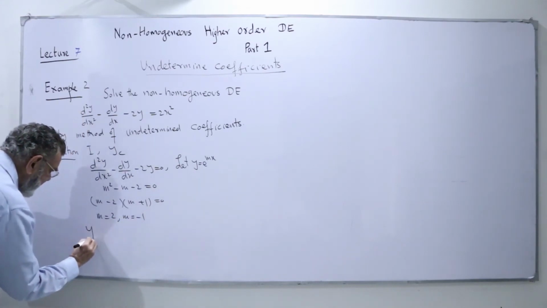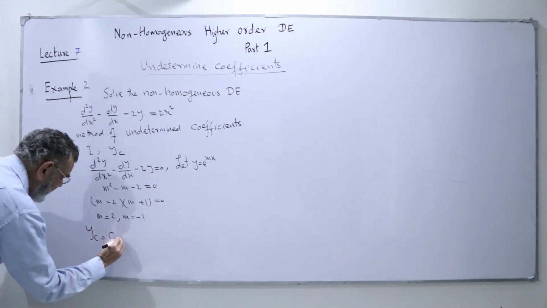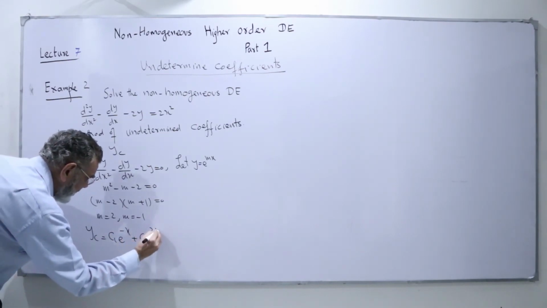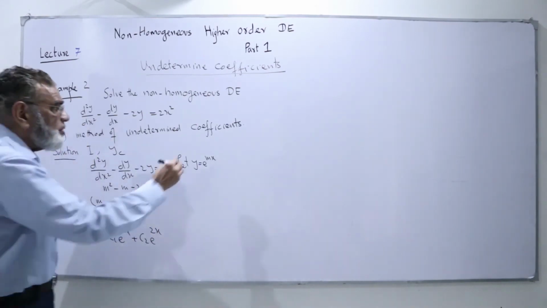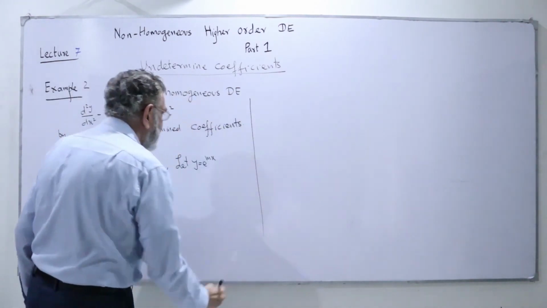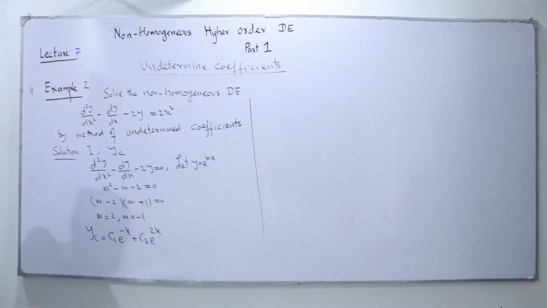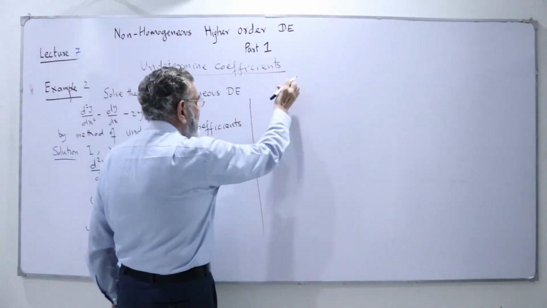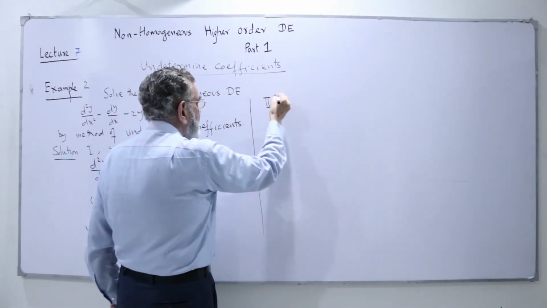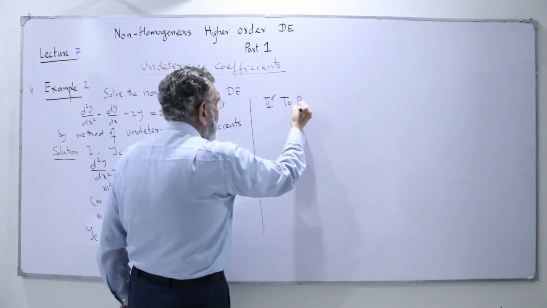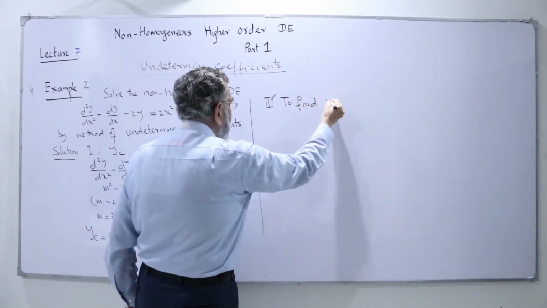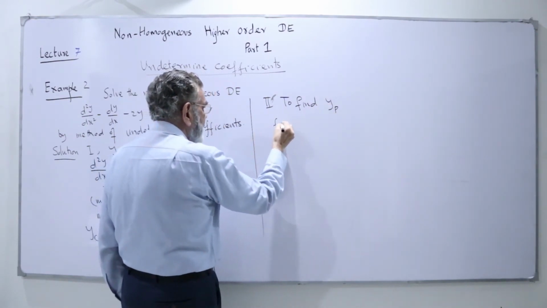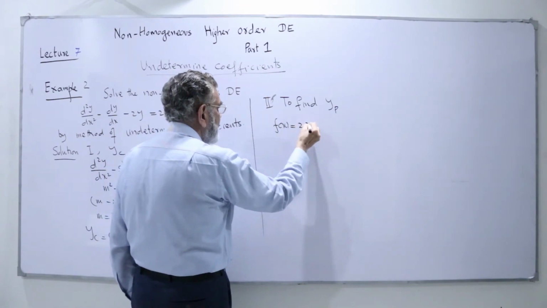I get my yc is equal to c1 e to power minus x plus c2 e to power 2x. This is my yc. Now I want to find my yp. I have yc, I have my f of x. To find part 2, the particular solution yp, I have my f of x equal to 2x square.